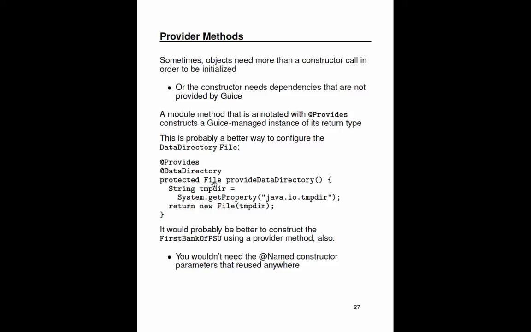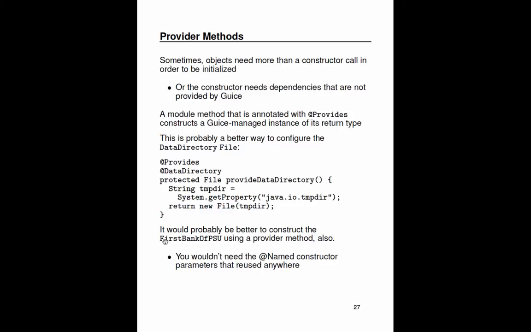It returns a file. And it does the logic of getting the location of the temp directory and returning the file. But by annotating with @provides and @data directory, Juice will use reflection to discover this. It'll invoke this method and then take the return value, this file, and bind it into the Juice context attached to the @data directory.